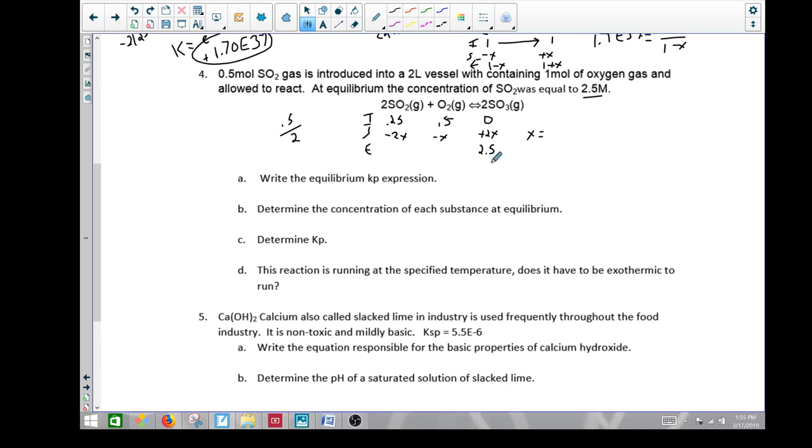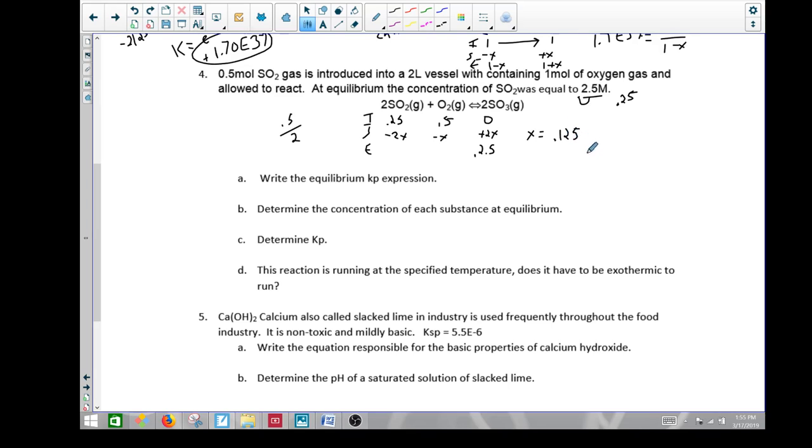If x is 2.5, then in this situation, I get more than I had to begin with. So let's change this to 0.25 molar. That means my x value is half of that, which is 0.125.